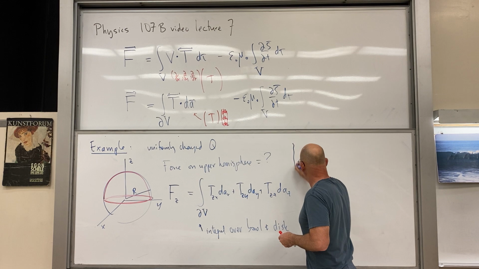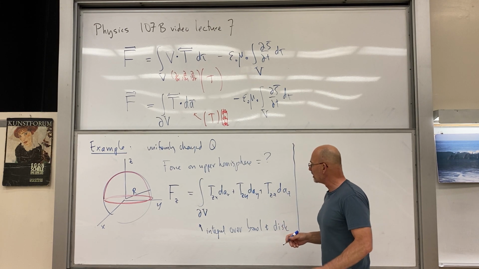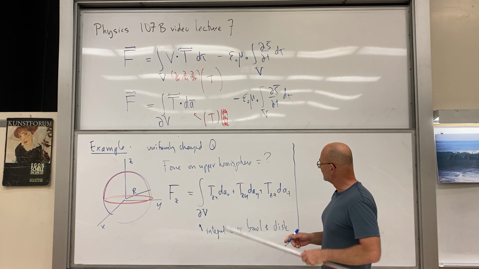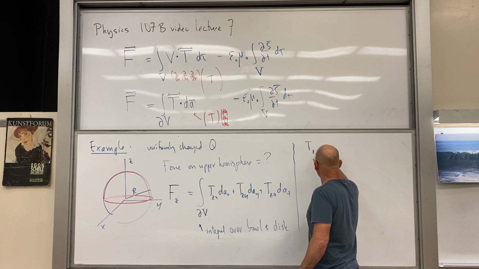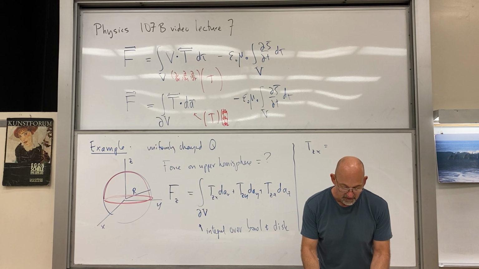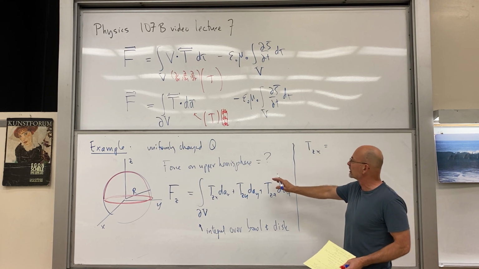So let's see. May not all fit on one board. So first of all, we have to do T_zx, T_zy, T_zz. T_zx is equal to, and these we just get from the expression for the Maxwell stress tensor.